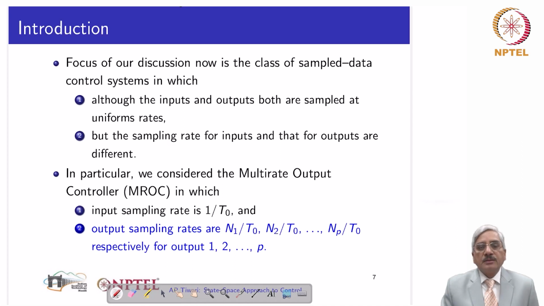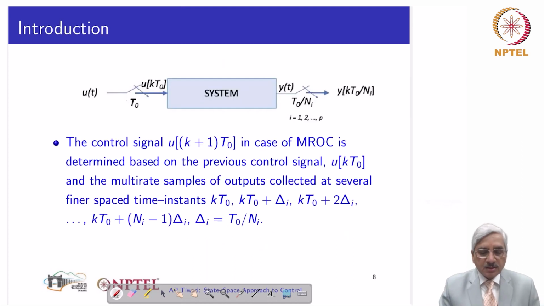N1, N2, N3, etc. are integers, meaning that the output is sampled at a faster rate than the input. And also these integers N1, N2, etc. need not be equal.